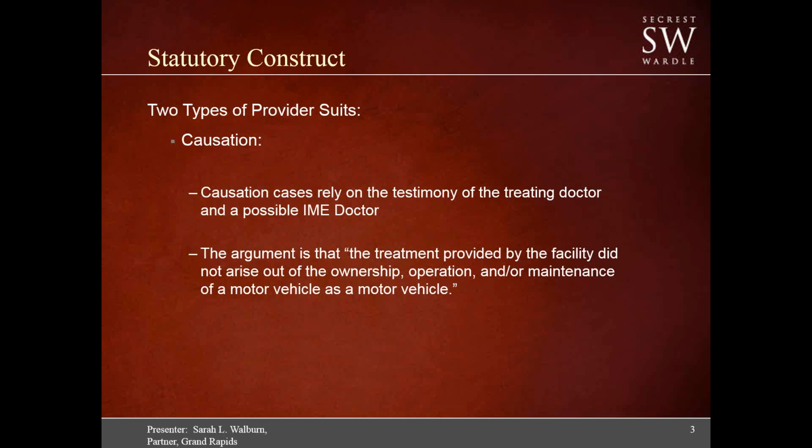These are the ones where we get the case in, there's already an IME denial, and the provider is coming back to the insurance company saying, no, we need to get these benefits paid because it was related to the accident. And then we have to prove that it wasn't related to the accident. There was a pre-existing condition that wasn't caused, aggravated, or exacerbated by the accident.